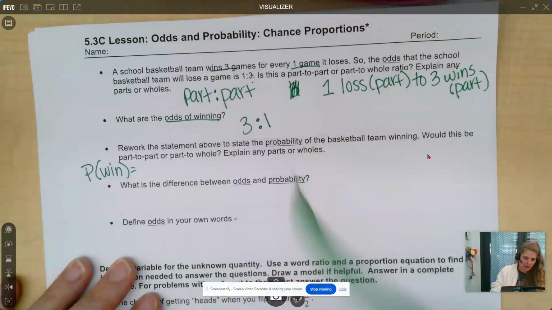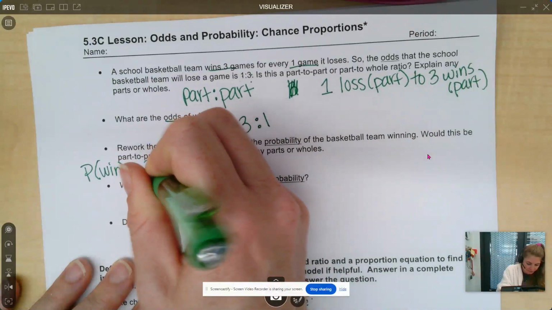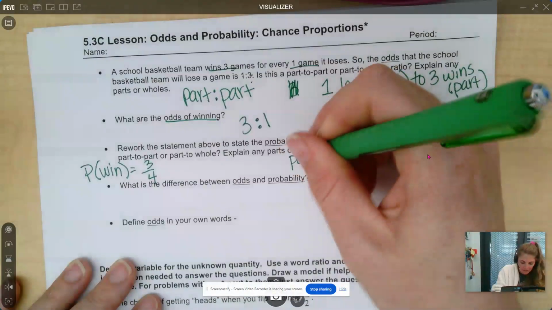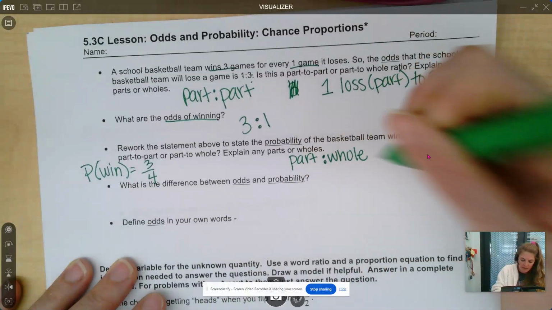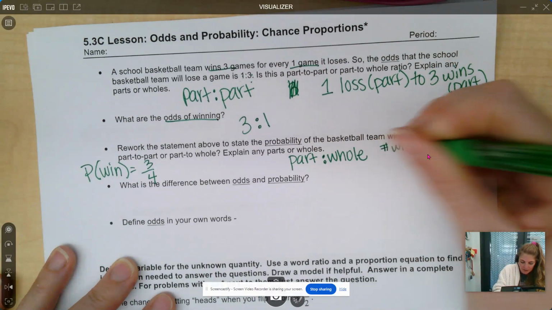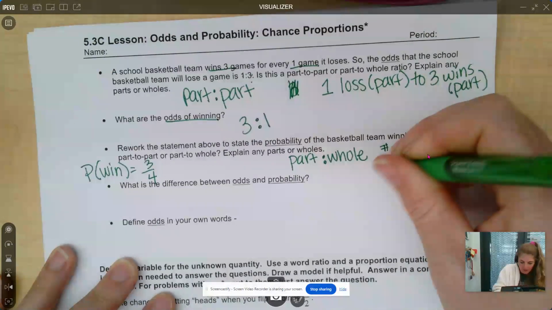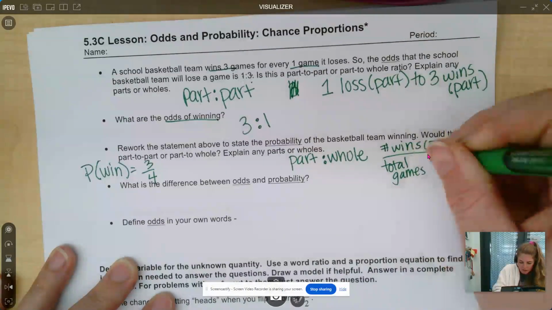We are winning 3 games, so the probability of winning would be 3/4 or 75%. This is part to whole, because it is the number of wins, which is a part, to total games, which is a whole.